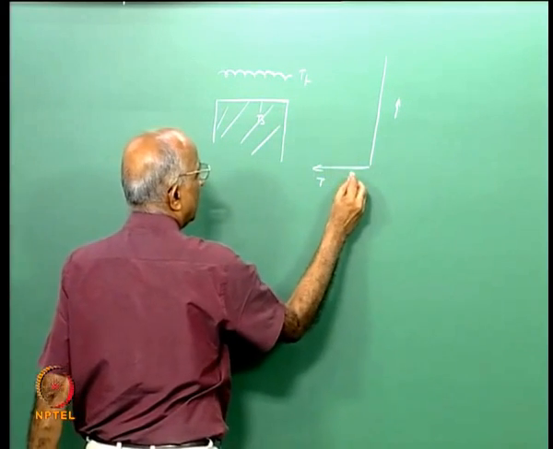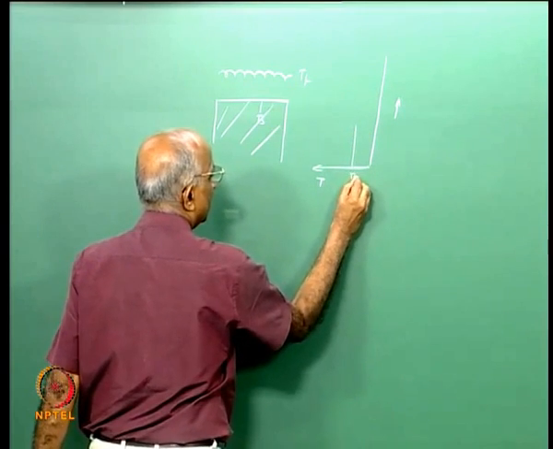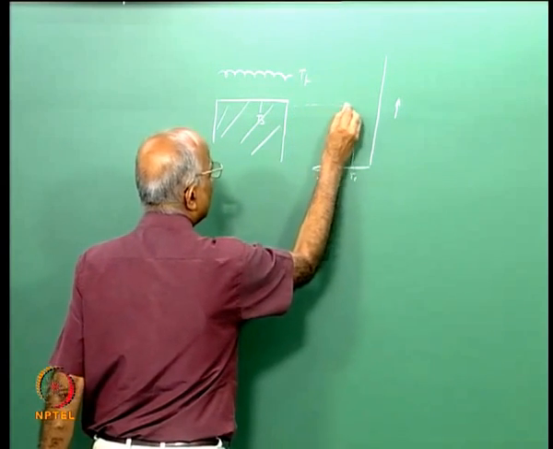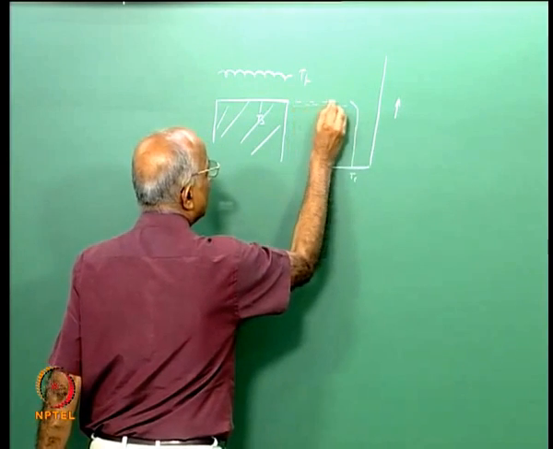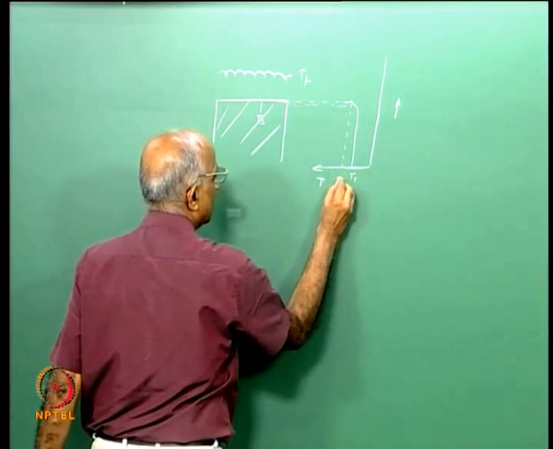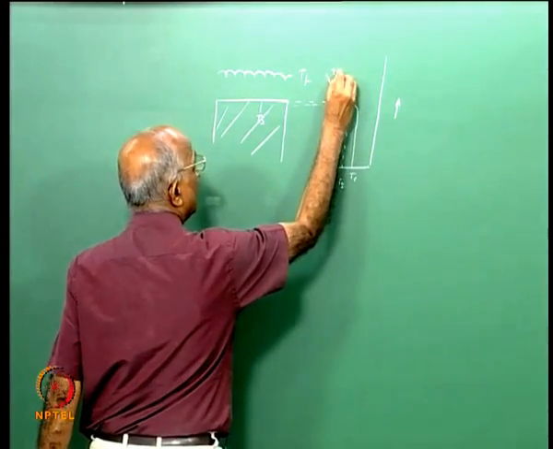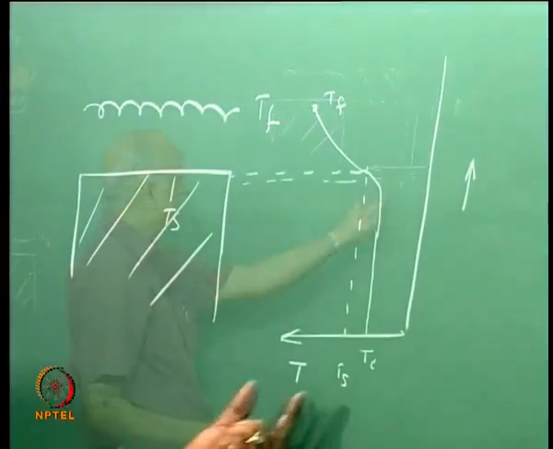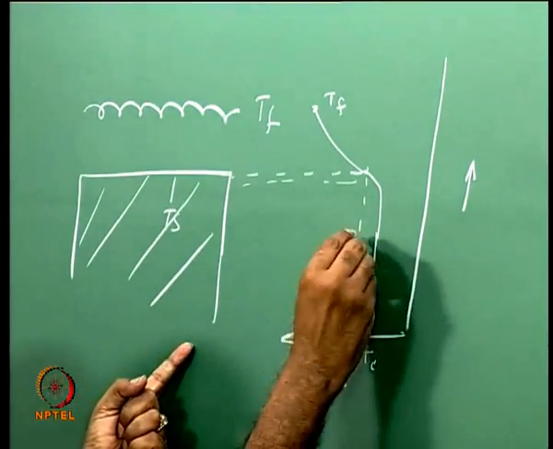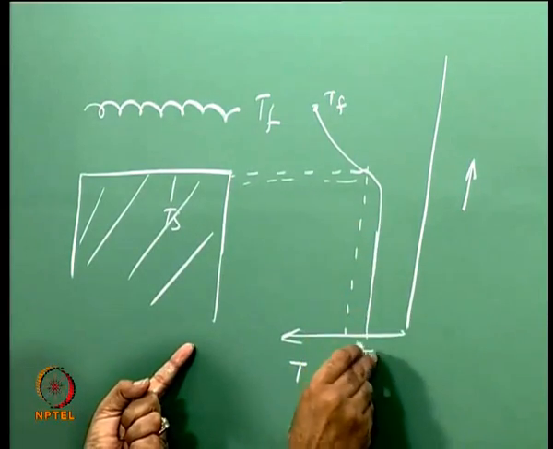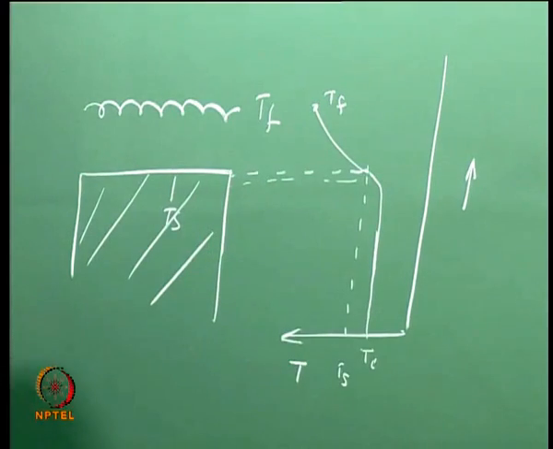In the depth of the propellant the temperature is the old value, that is the initial temperature, and then near the surface the temperature increases to Ts at the surface, and then in the flame zone it further increases to something like Tf over here. Mind you, this is my increasing direction of T and this is the distance from the in-depth propellant, wherein the depth of the propellant is still at the initial value. At the surface I have an increase in temperature Ts and it goes to the gas value.